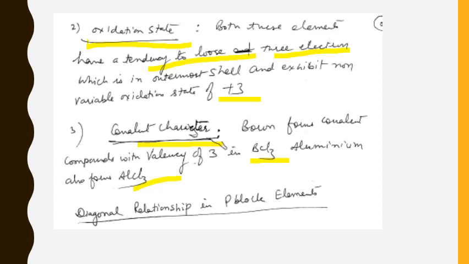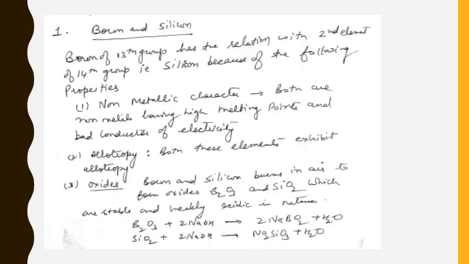Now we talk about the diagonal relationship. As we have discussed, when we move diagonally in the period, the net increase and decrease in properties cancel out each other, forming a relationship. So let's see the diagonal relationship in the p block elements.